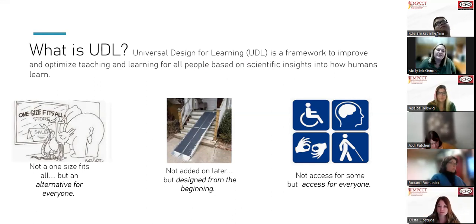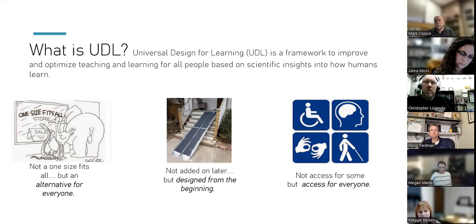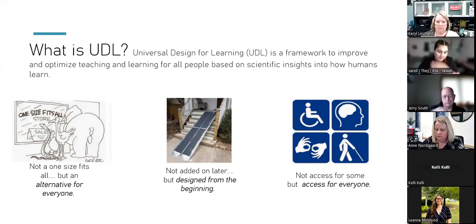And so I really loved the idea that UDL is not a one-size-fits-all. We don't create anything in education as one-size-fits-all, but UDL supports us in a way that is alternative for everyone. And it should just be natural. It shouldn't be an alternative because of your disability.